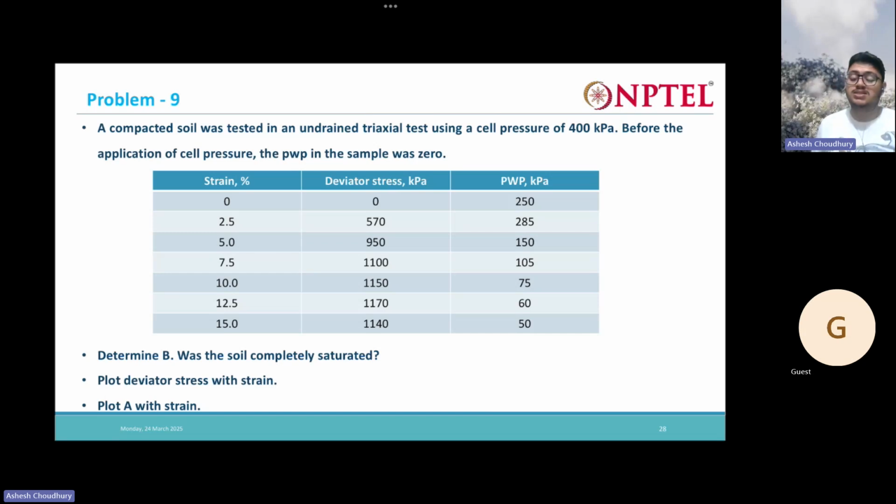If B is 1 initially, that means the soil is completely saturated. Then plot deviator stress with strain and plot A with strain. So let us do that.